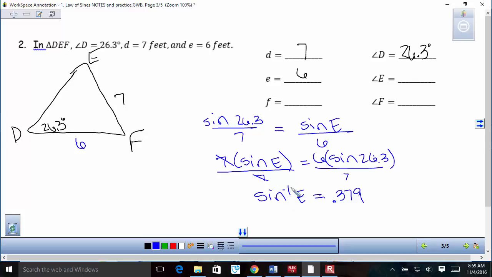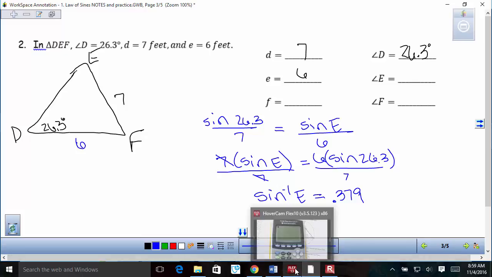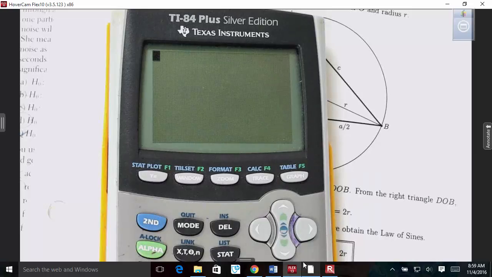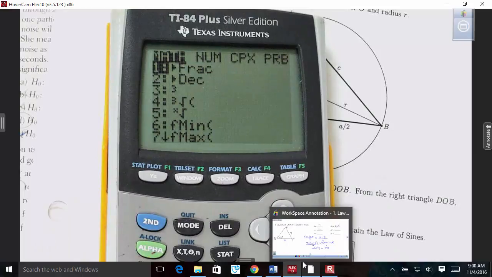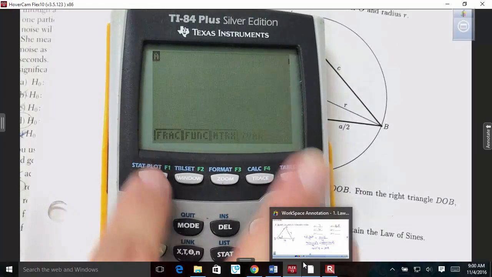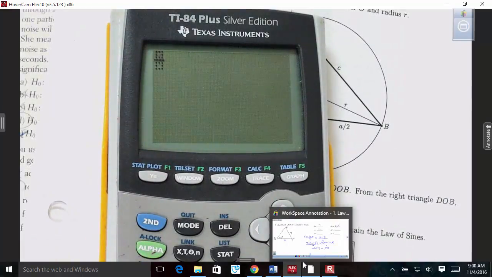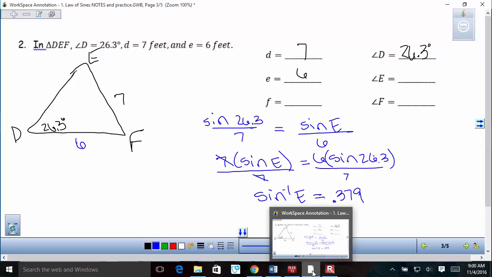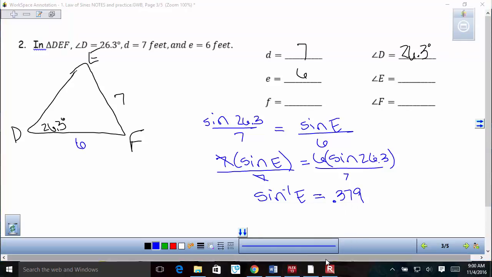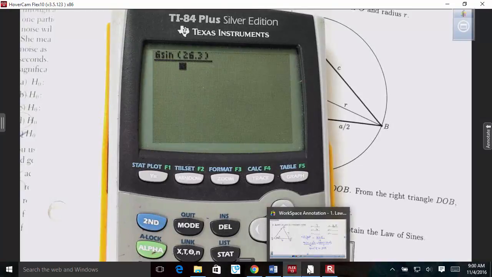So what you would do is now 6 sine 26.3 divided by 7. And that's when you get that weird thing.